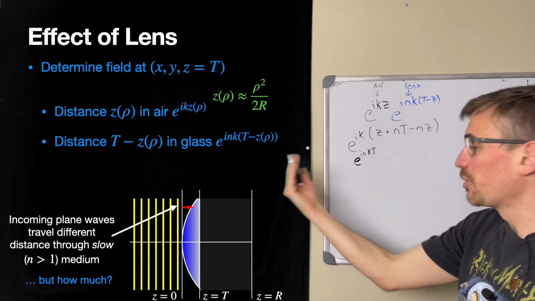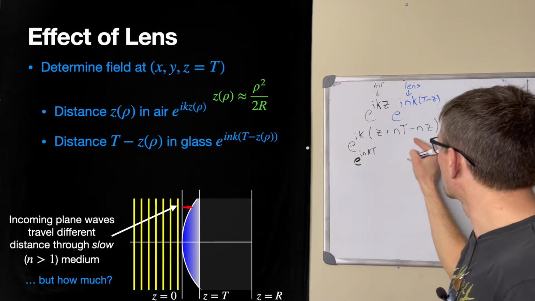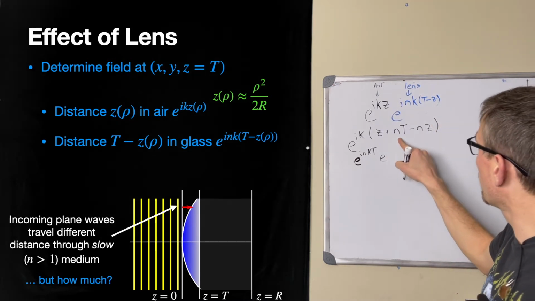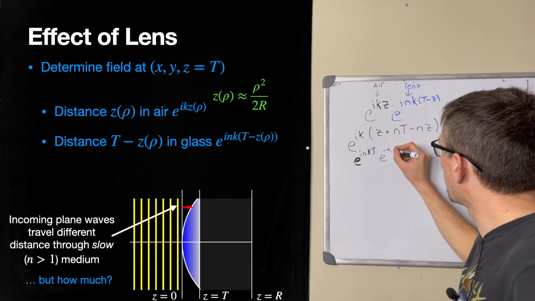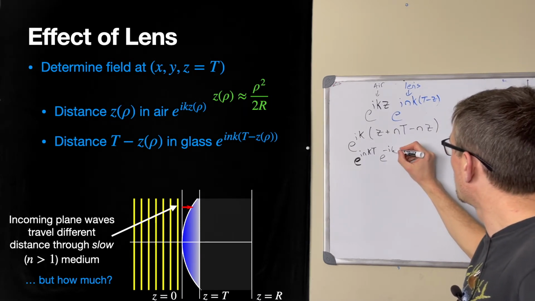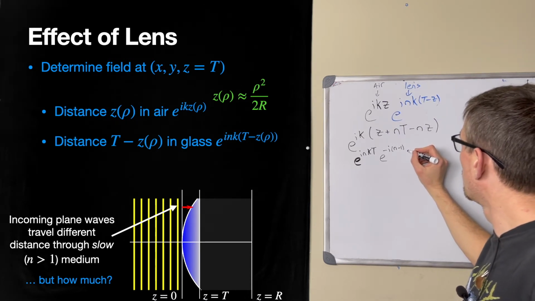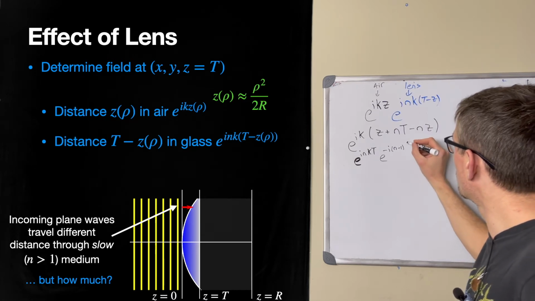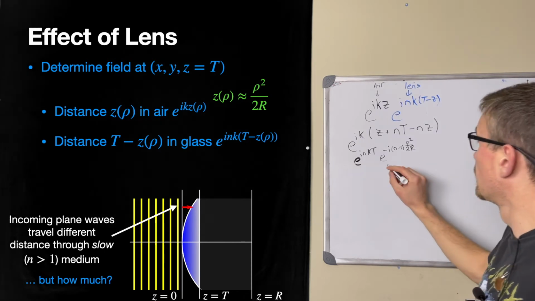This is what the beam would be if there were no lens there. And we also have this other stuff involving z to contend with. If we stare at it, we're going to get a 1 minus n. So I'm going to write this as e to the minus i k times n minus 1 times z, which is rho squared over 2r. Yeah?